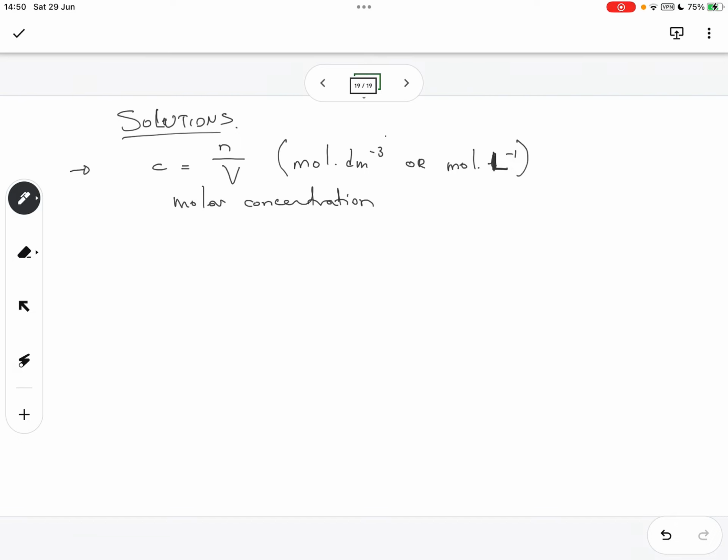And now this concentration, rate and extent of chemical reactions, grade 10.